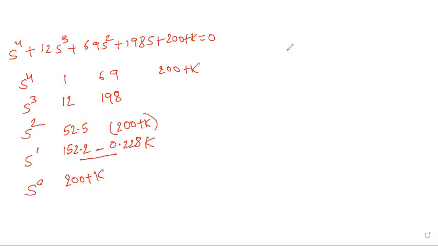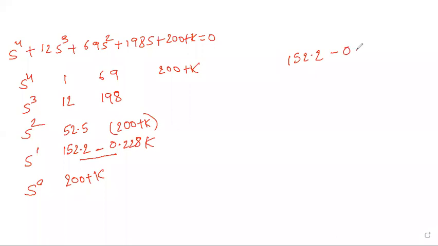So if the system is said to be stable, how should the elements of the first column look? Positive, nothing but stable. Greater than 0, sir.